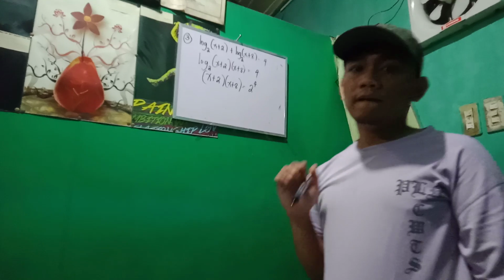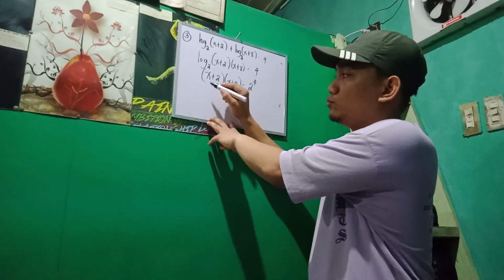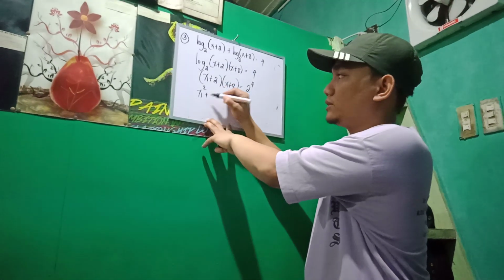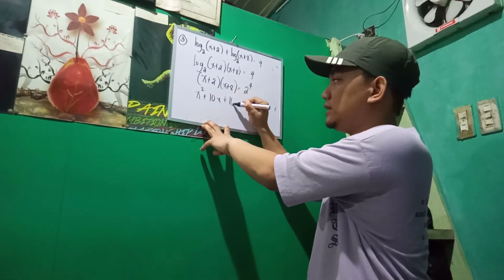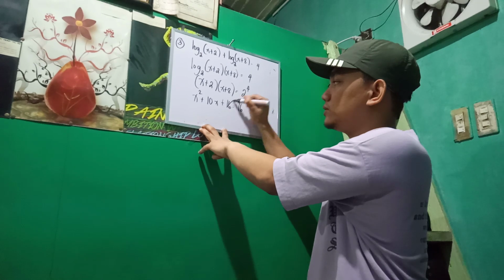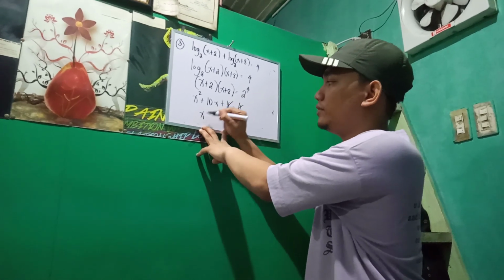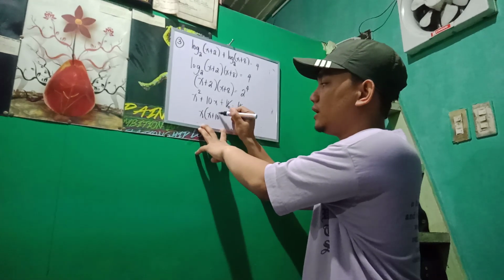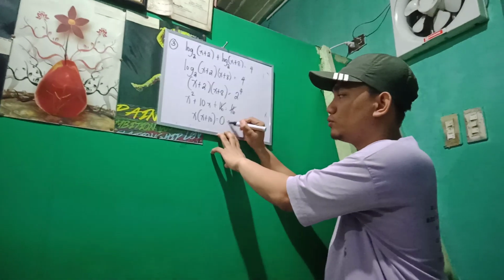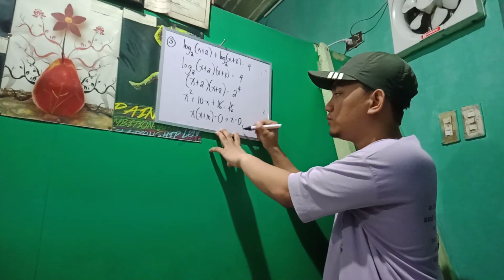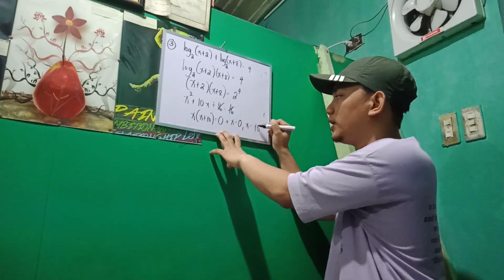Okay? So, we have to multiply. So, x squared plus 10x kasi 2 plus 8, that's 10 plus 16 equals 16. Cancel out ng 16, so mawawala. So, we have x times x plus 10 equals 0. So, kitang-kita naman natin ano yung roots. So, yung roots natin, x equals 0, x equals negative 10.